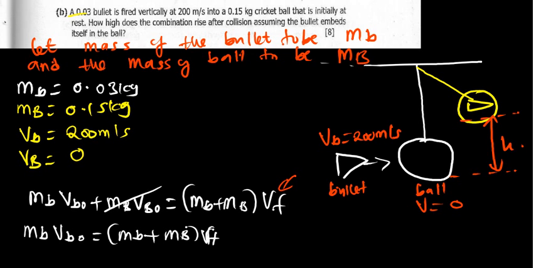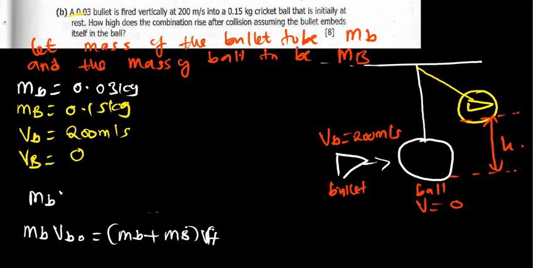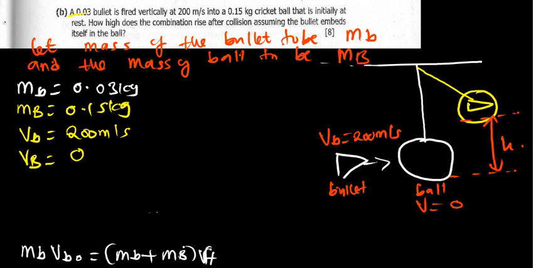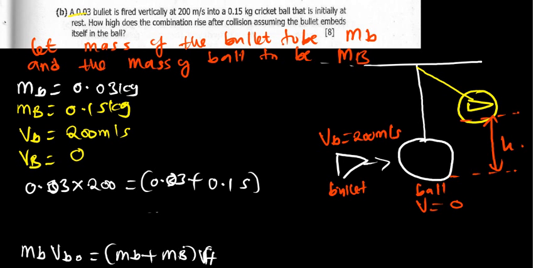Now let's try to plug in the values. What is our m_b? Our m_b is 0.03 times the velocity, which is 200. This has to be equal to m_b, 0.03, plus the mass of the ball, 0.15, then the final velocity.